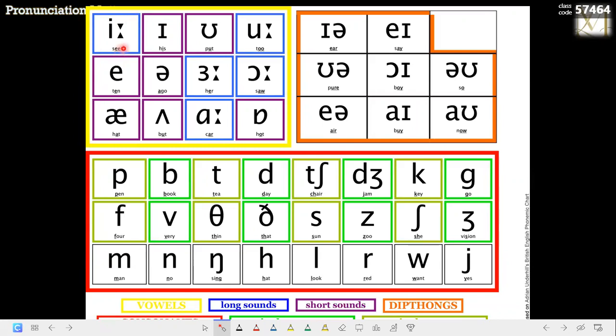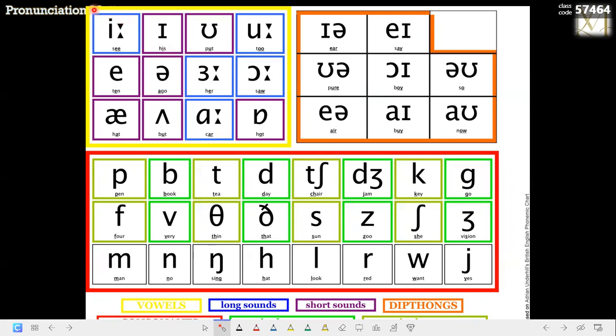This means it's long. And if the square is purple, this means it is short. So we have two different types of pure vowels, the long and the short, okay?